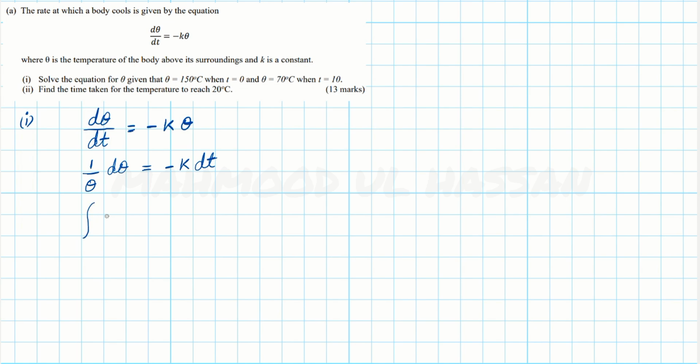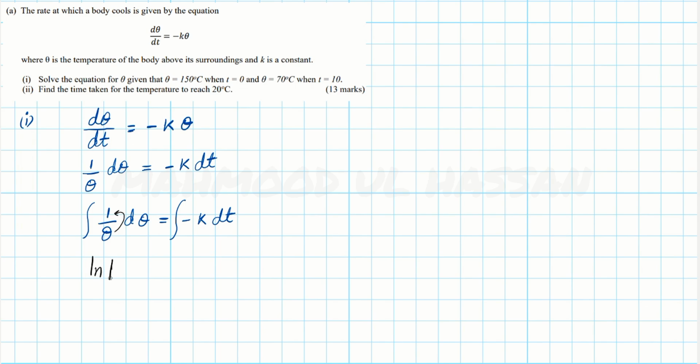So the integral of 1 upon theta times d theta equals the integral of negative k times dt. Now you can see the derivative of theta is 1 with respect to theta, that is present in the numerator, so we will take the log of the denominator.